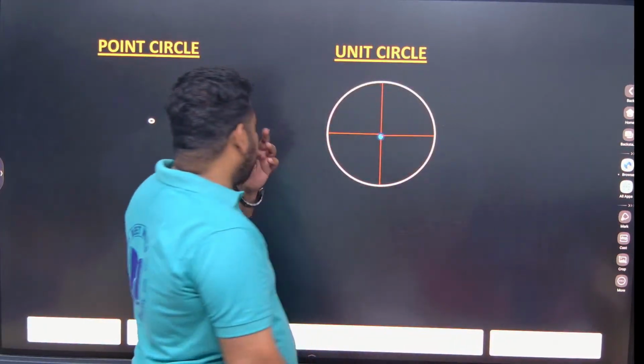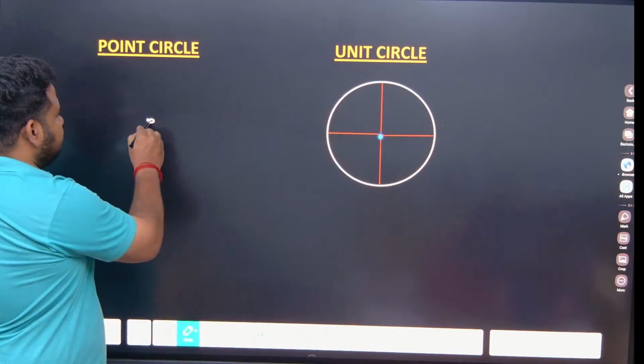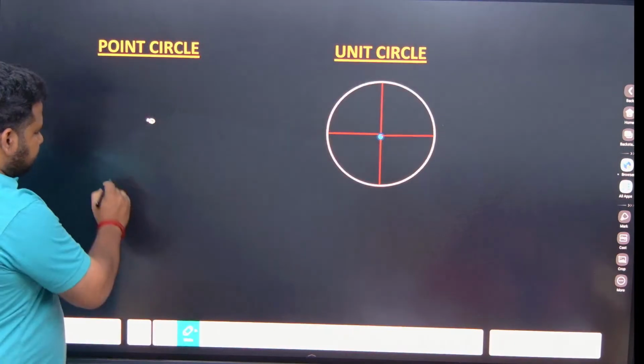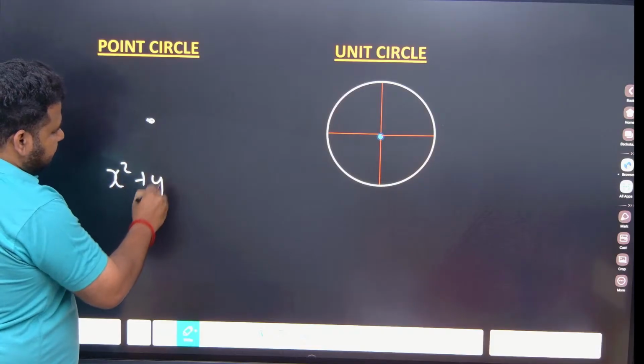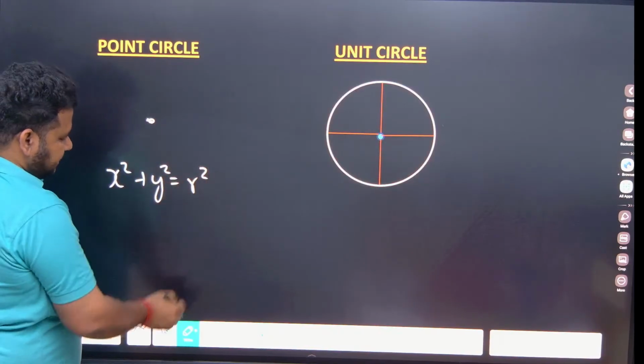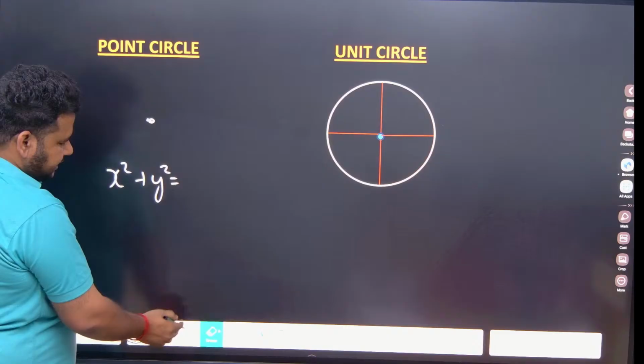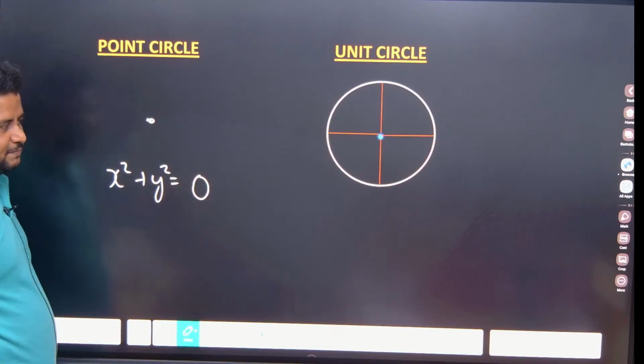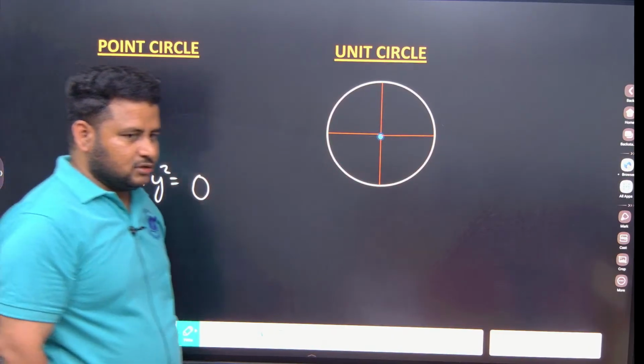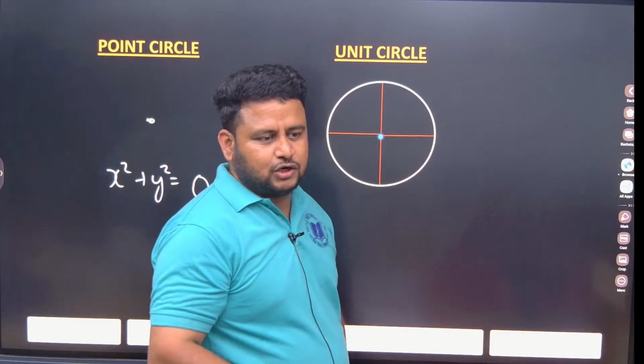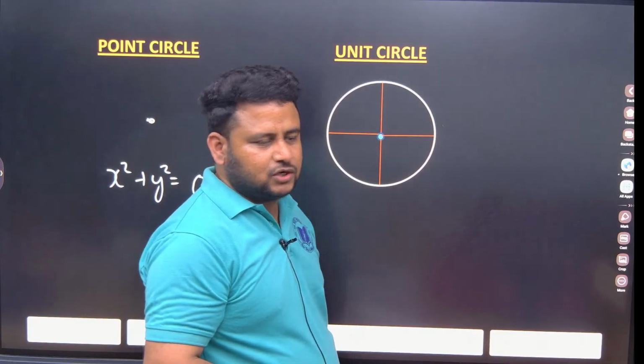Next, point circle. The equation will be x square plus y square equals r square, but r here will be 0, so x square plus y square is equal to 0. Now what about the unit circle? Radius will be equal to 1.